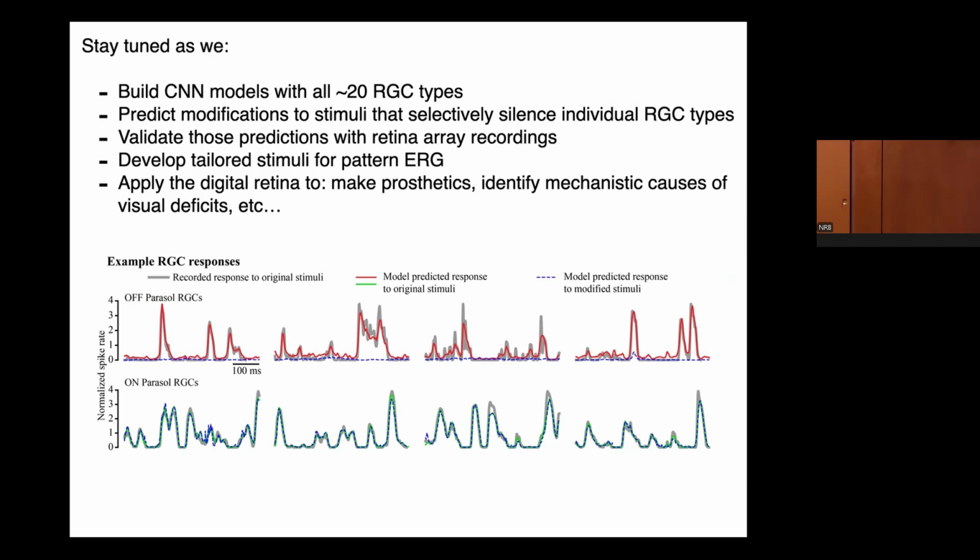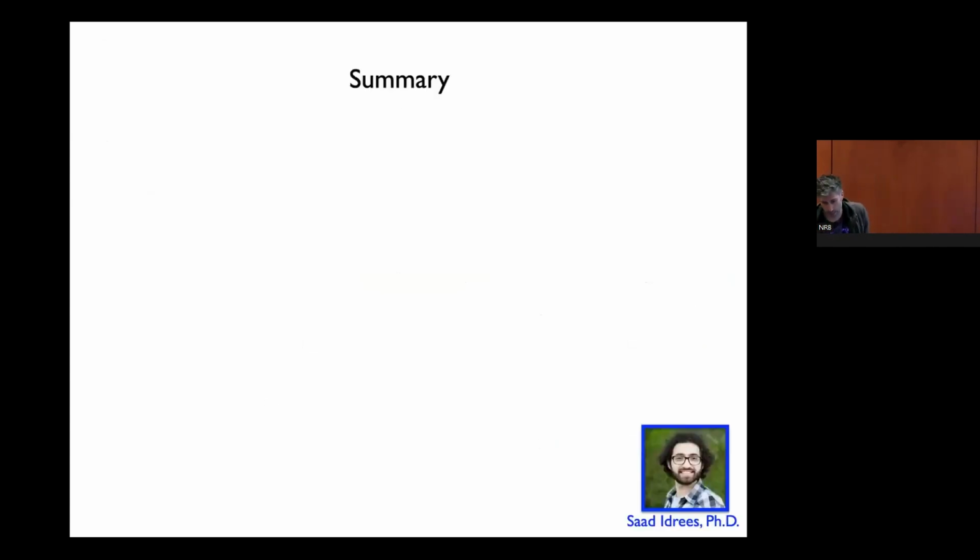We also need CNN models that can predict all 20 to 30 primate RGC types and not just the 4 dominant ones, which is what we currently have. Yeah, so there's lots more work to do in fleshing out this space, but I'm excited about the idea that we can make vision tests that could really isolate one cell type or another at a time.